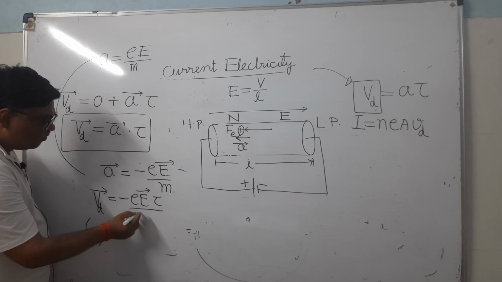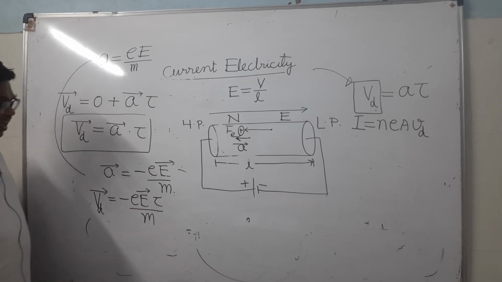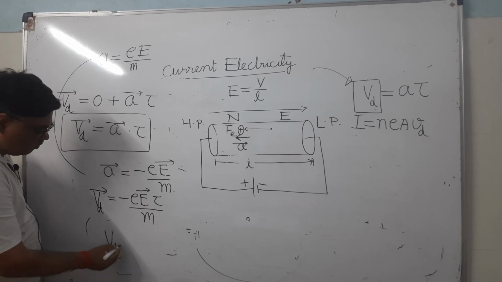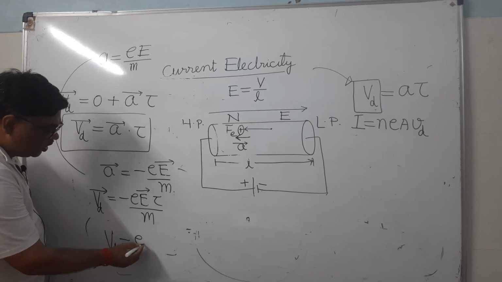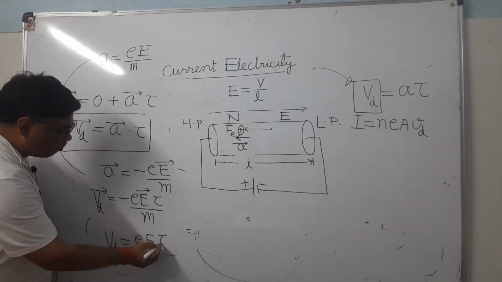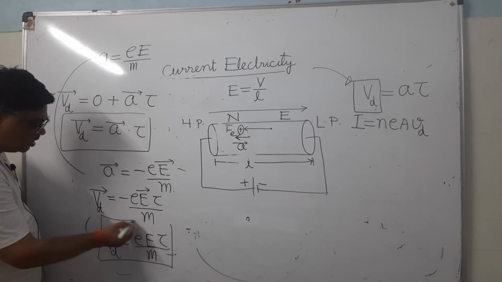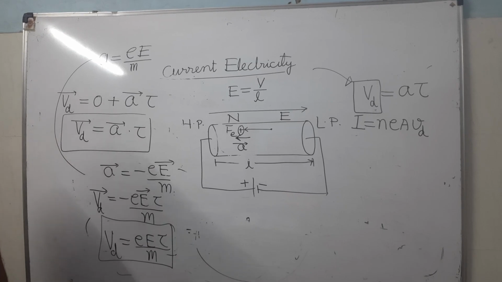upon m, or in scalar form, deleting the vector sign, it will be e tau upon m. It's clear? This will be the drift velocity.